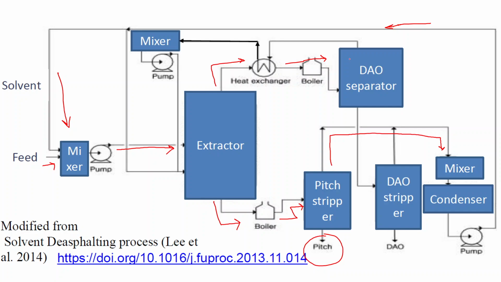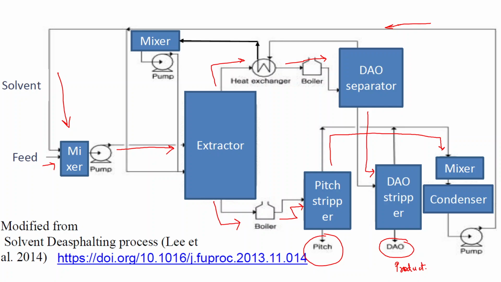From the de-asphalted oil separator, it is sent to the de-asphalted oil stripper, where de-asphalted oil is taken out, which is the lighter fraction product, our desired product.